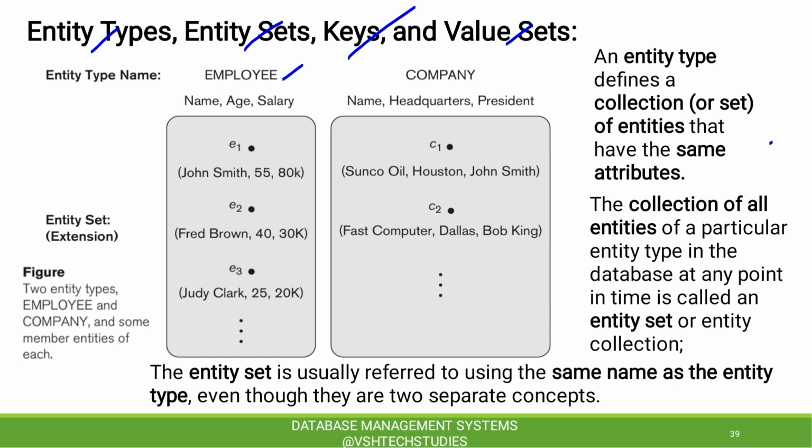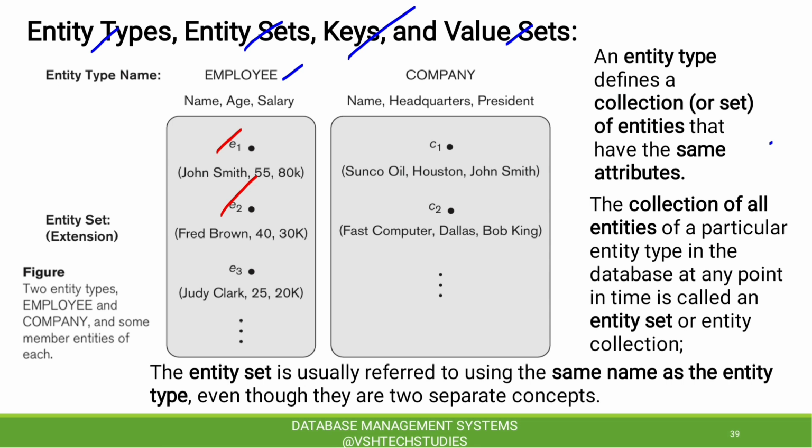John Smith, 55, 80K are the values for the name, age and salary attributes of employee entity E1. Similarly, Fred Brown, 40 and 30K are the values for entity E2. Judy Clark, 25 and 20K are the values for entity E3.